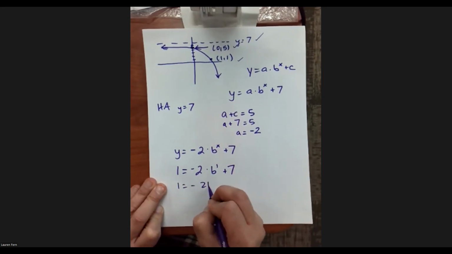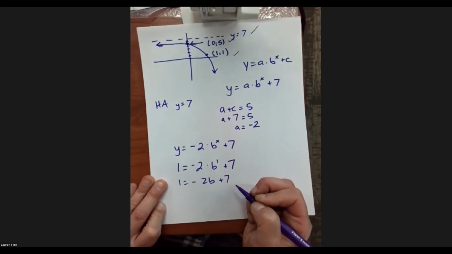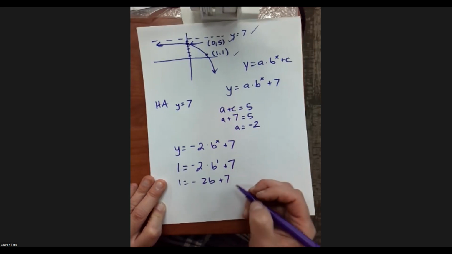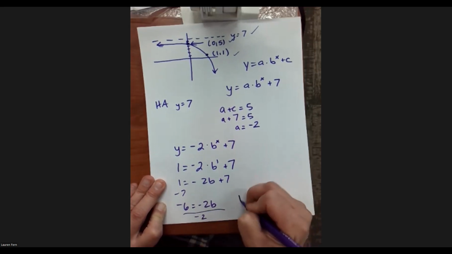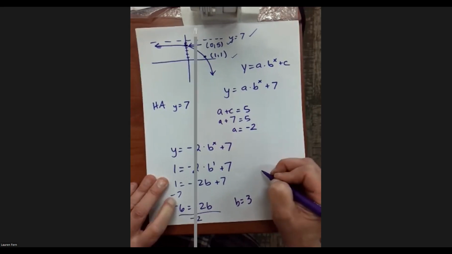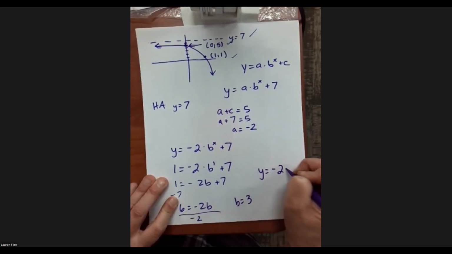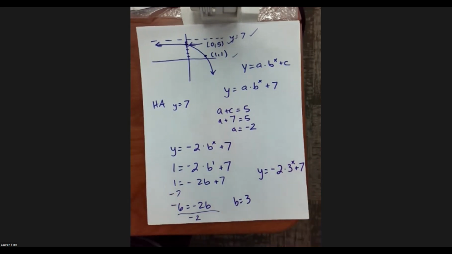So aren't I solving 1 is -2b plus 7? We can do this. We can subtract 7 from both sides and then divide both sides by -2. Isn't this fun?